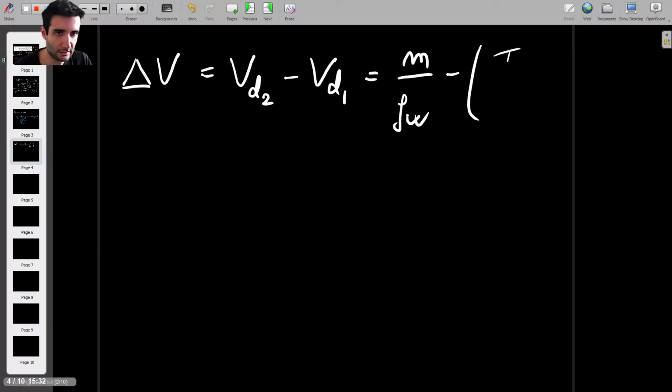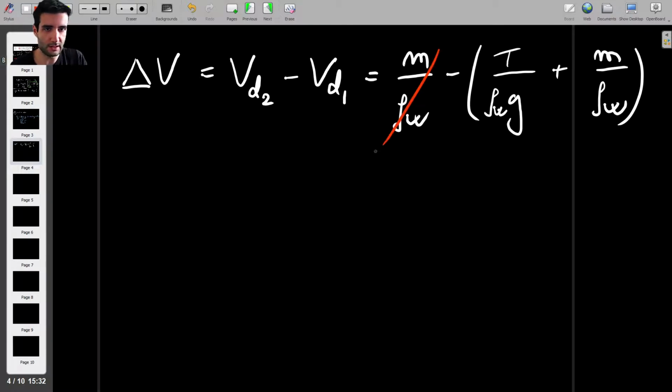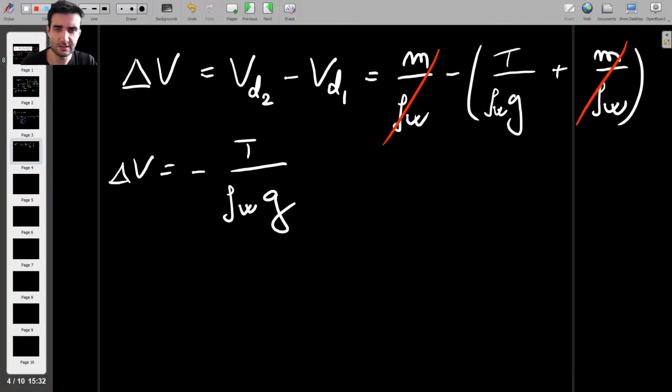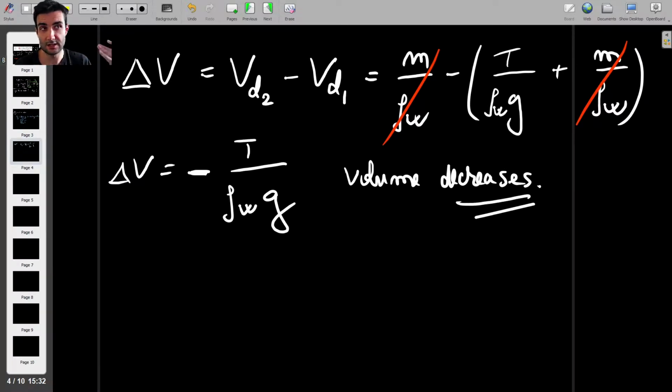So we have minus T over rho W G, plus m over rho W. And you should notice that this and this cancel out, and we're going to end up with a change in volume of minus T over rho W G. The fact that we have a minus here means that the volume decreases. And if the volume decreases, it means the water level in the tank actually goes down.